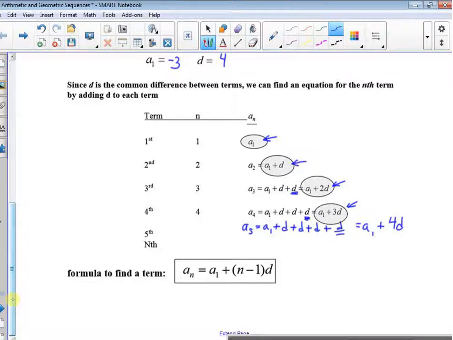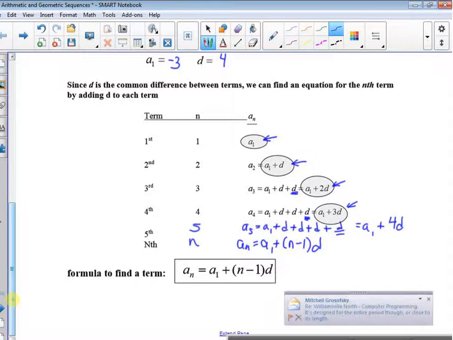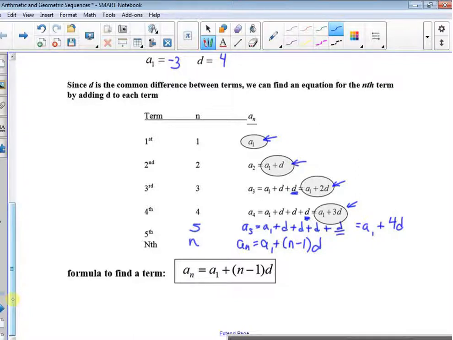So then when we have an nth term, that would be a sub n is equal to a sub 1 plus, this was 4d, but you were finding the fifth term, so it is 1 less, n minus 1 times d. 4 is 1 less than the term you're finding. So it's a sub 1 plus n minus 1 times d. This is an important formula for this chapter that needs to be memorized.